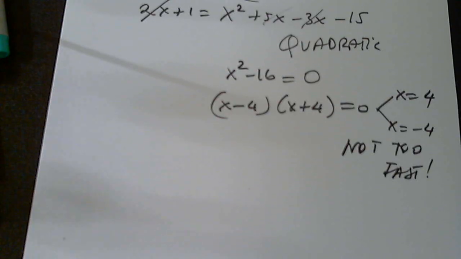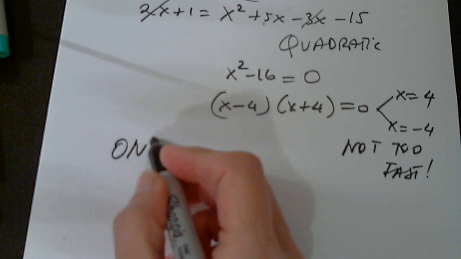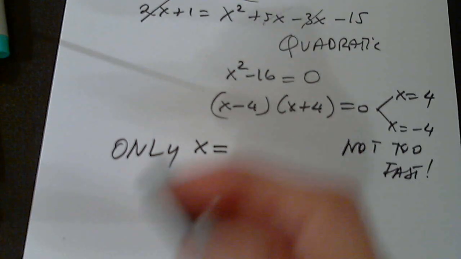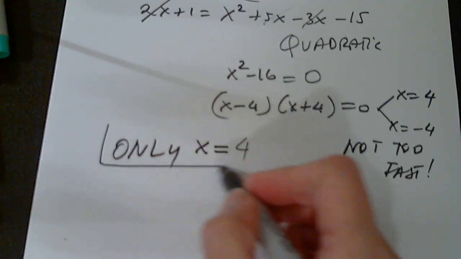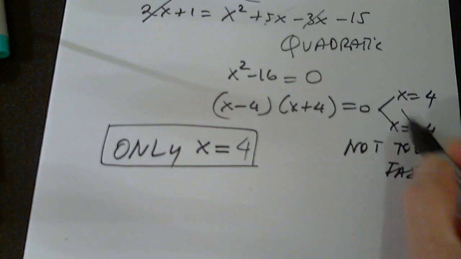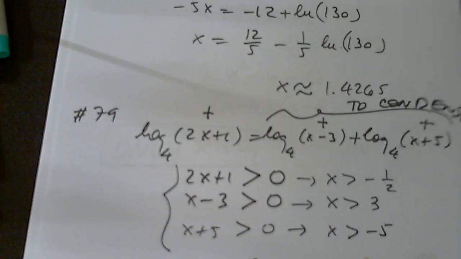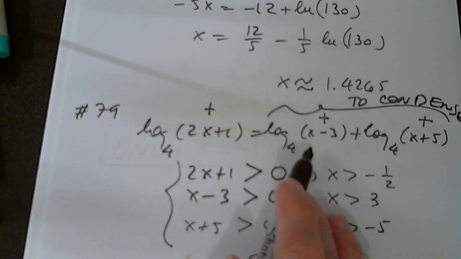What's the conclusion? Equals 4. Only x equals 4. No. And you can always go back and check if you want to. Plug 4 in here, plug 4 in here.